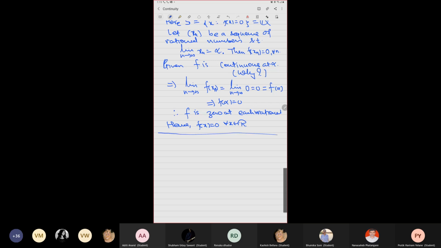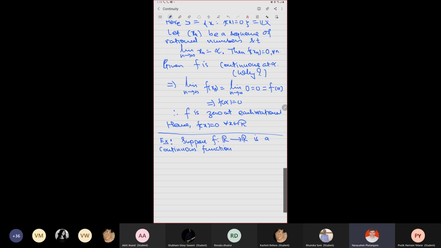So I will give an exercise. Suppose f is a function from R to R which is a continuous function. Right?